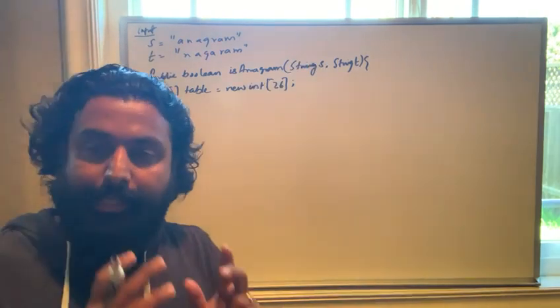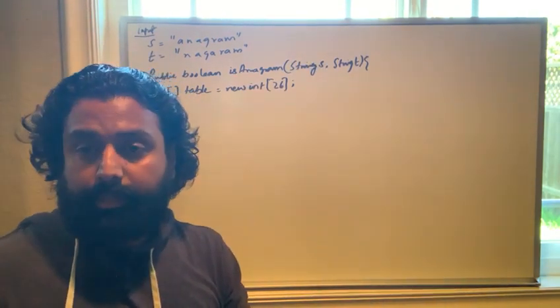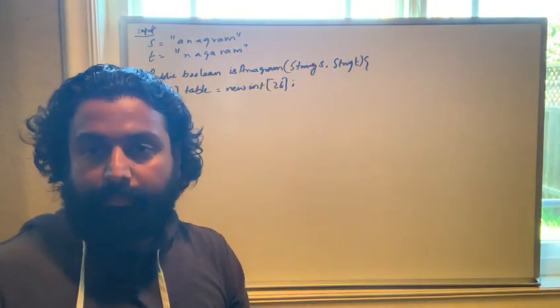Why? Because there are exactly 26 letters in the English alphabet.